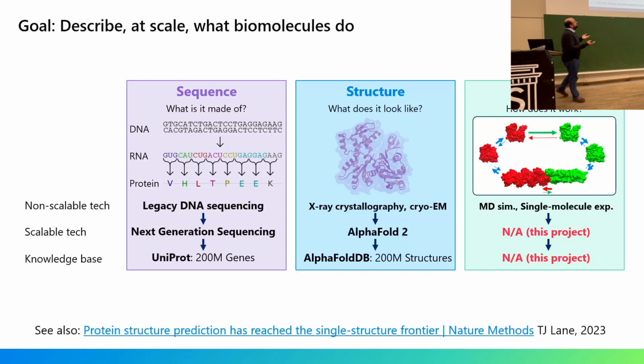For structure, there were more recent breakthroughs where you initially had the X-ray crystallography, cryo-EM spectroscopy, and now you have the machine learning models like AlphaFold 2, which were a huge breakthrough for the sequence to structure paradigm, which allows us to also scale up this technology and to build knowledge bases.